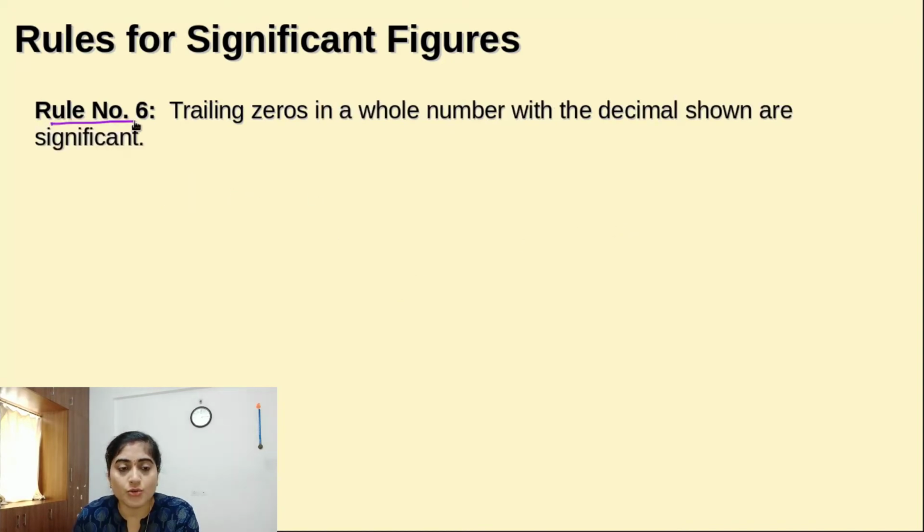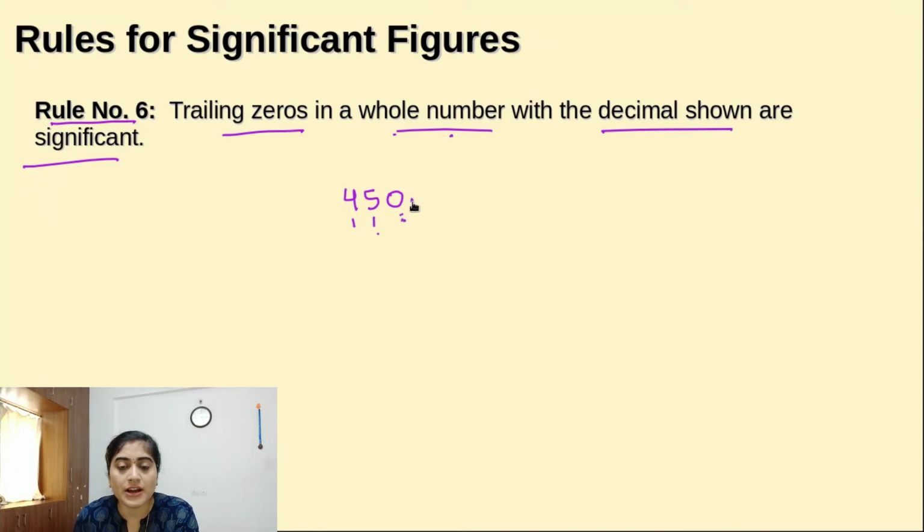Okay, so now rule number 6. It says trailing 0s in a whole number with decimals shown are significant. In the previous example I told you one value, 450. In that, these 2 digits are significant digits, and this 0 is a trailing 0 in a whole number, which is not a significant figure.